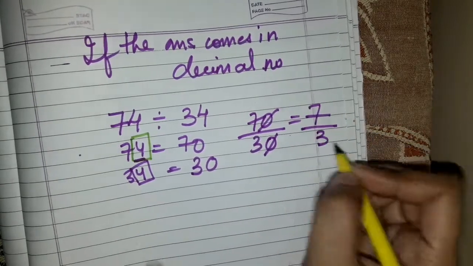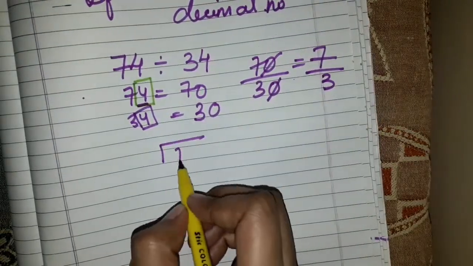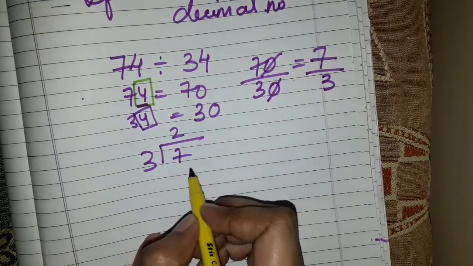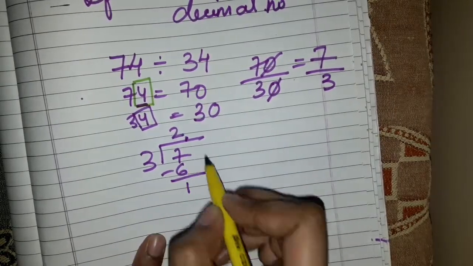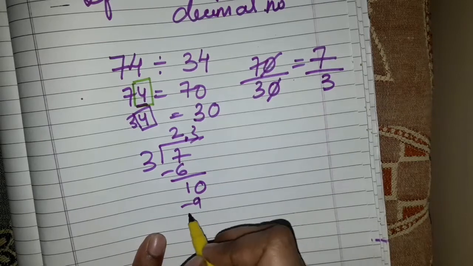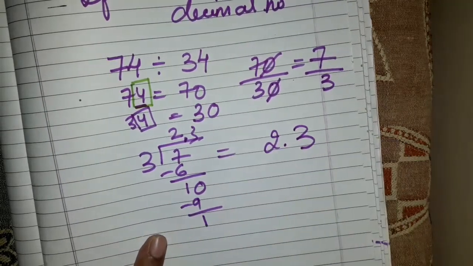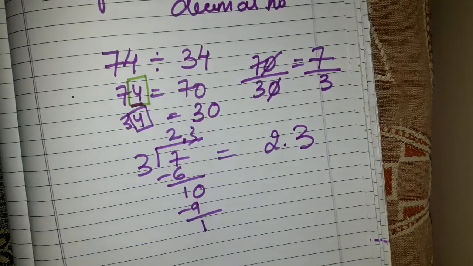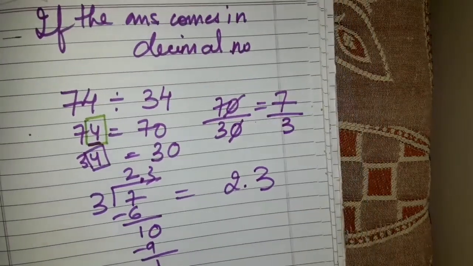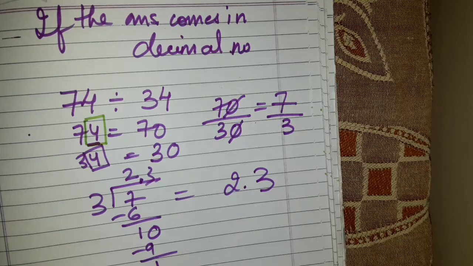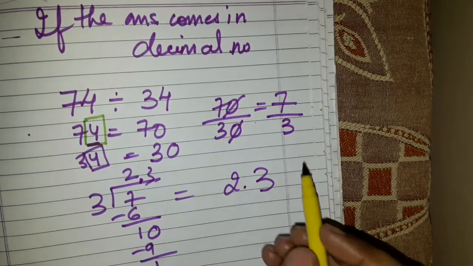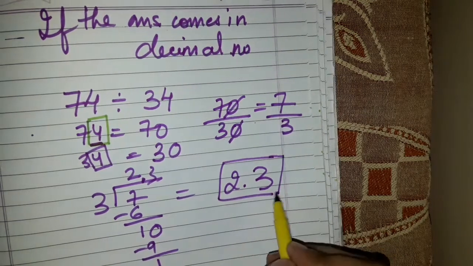7 divided by 3. Now you will divide and see what answer comes in decimal. The answer is coming 2.3. Now I have to give the answer in whole numbers. Answers in estimation have to be given in whole numbers, not in decimal numbers. So I have to round off this decimal number.